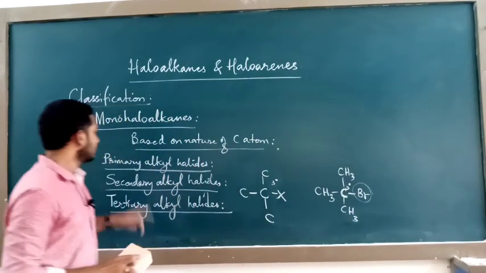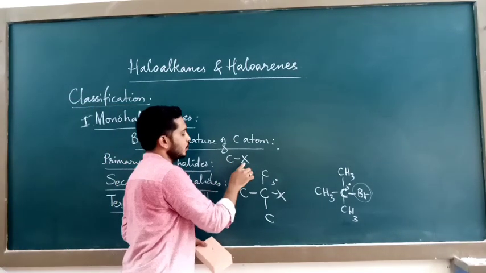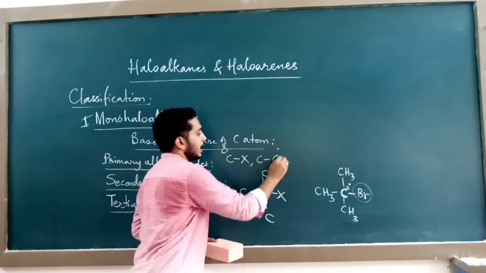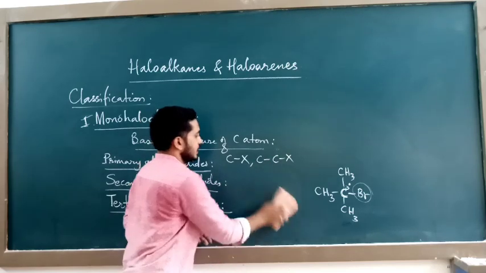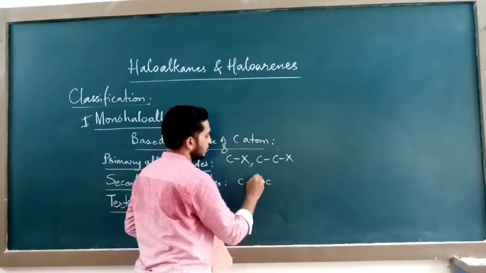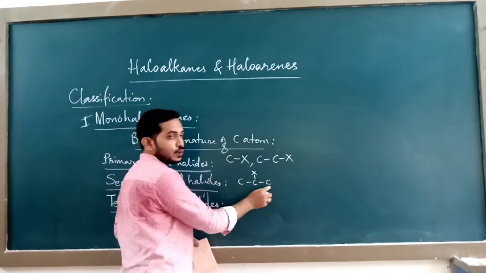Isn't it simple? A primary alkyl halide is the one in which halogen is attached to a carbon which is attached to no other carbon, or else to a carbon which is attached to only one carbon. A secondary alkyl halide is the one in which halogen is attached to a secondary carbon, which is attached to two carbons.